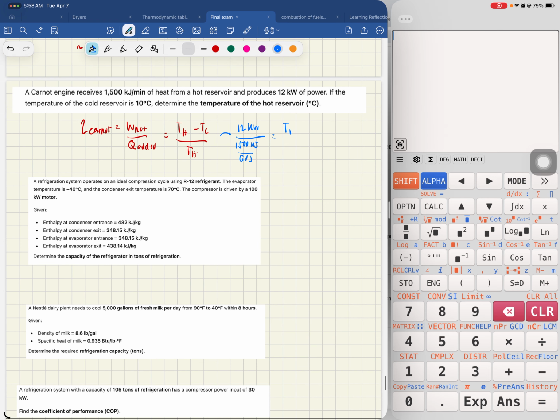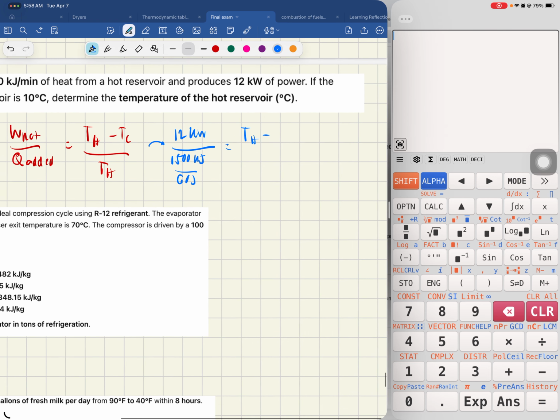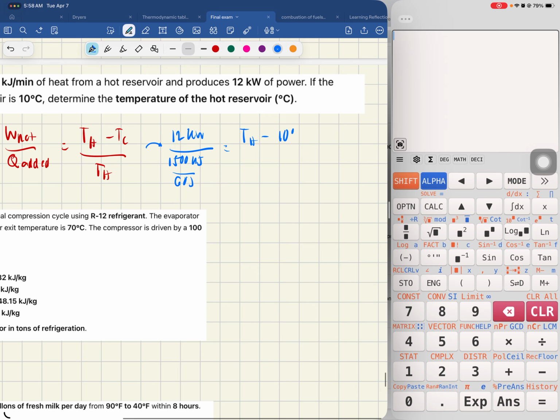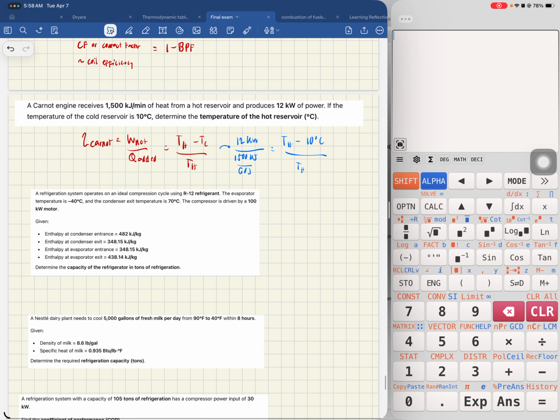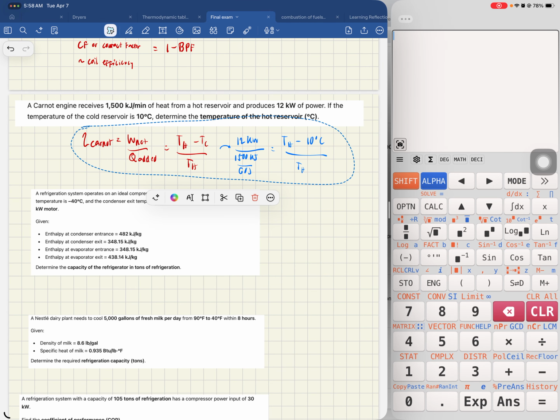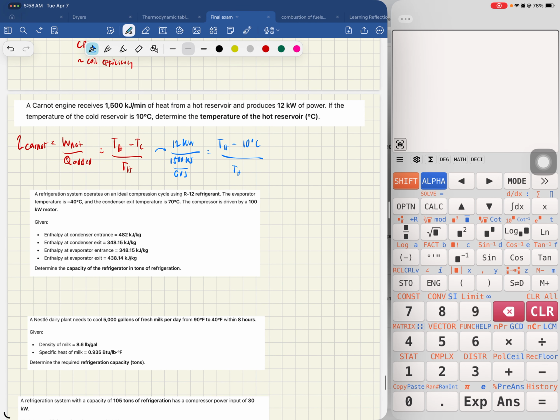The temperature of the hot reservoir is simply TH. Via shift solve, we can now solve for the hot temperature, or you can use algebra. It really won't matter.